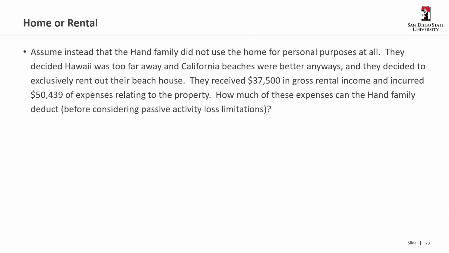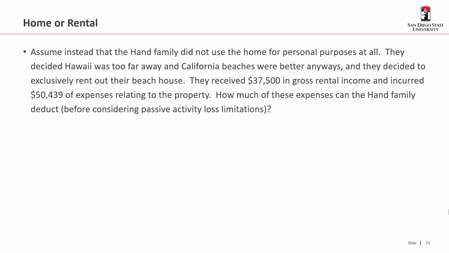However, there are some rules that we're going to cover in a little bit under Chapter 8, I believe, about passive loss limitations. And that rule says that you may not deduct any passive losses unless you also generate passive income. So think of it like the capital gain netting rules. No deduction of passive activity losses except against passive activity income.